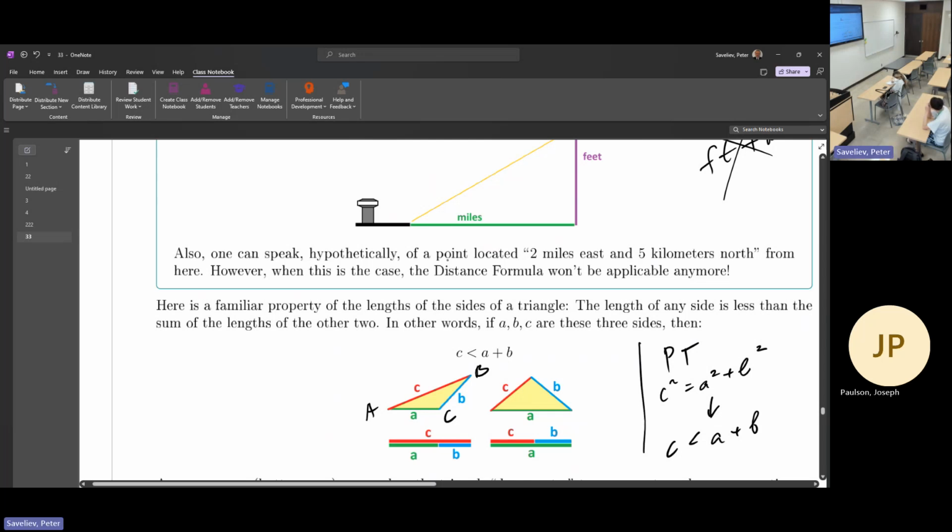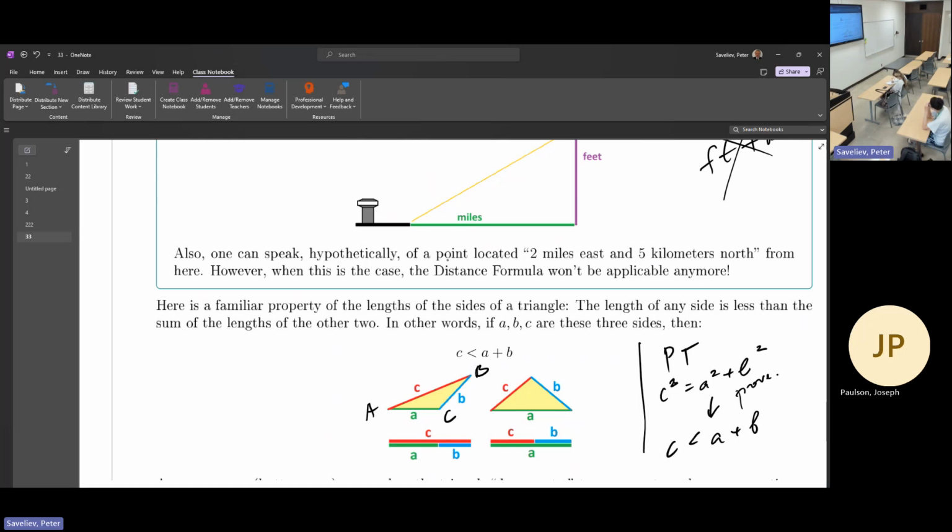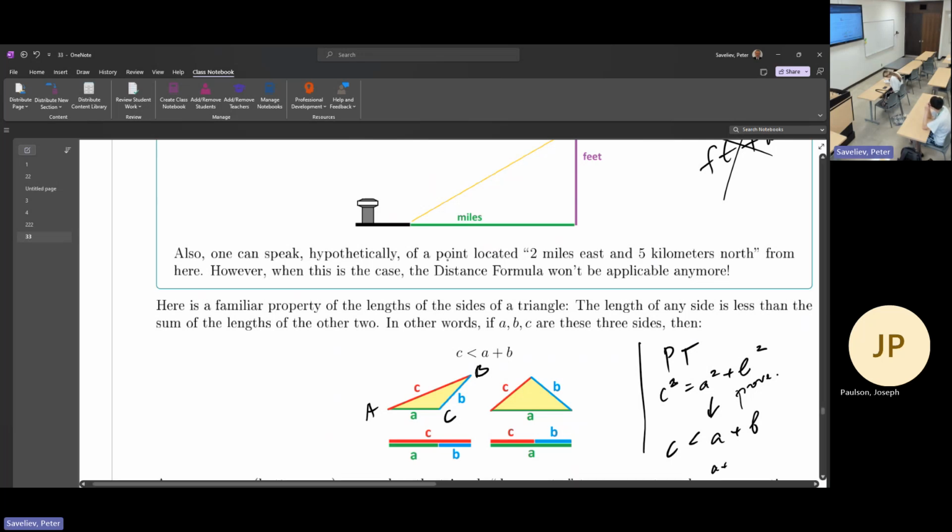At the very least, it's really not much of an effort here, but to prove this you would have to understand algebra a little bit more than is sometimes the case, because if you try to square a plus b, that's a common mistake.